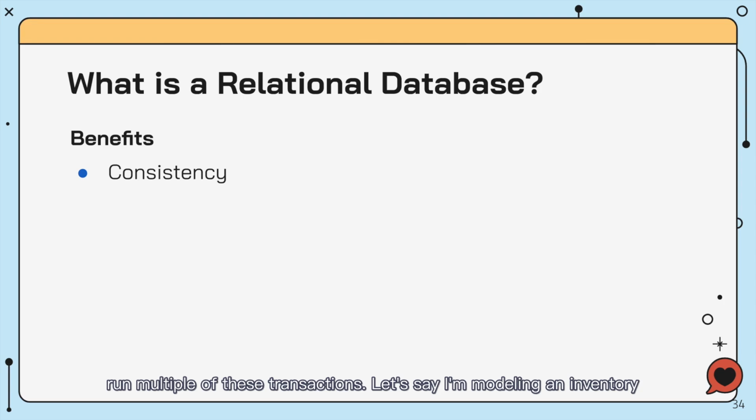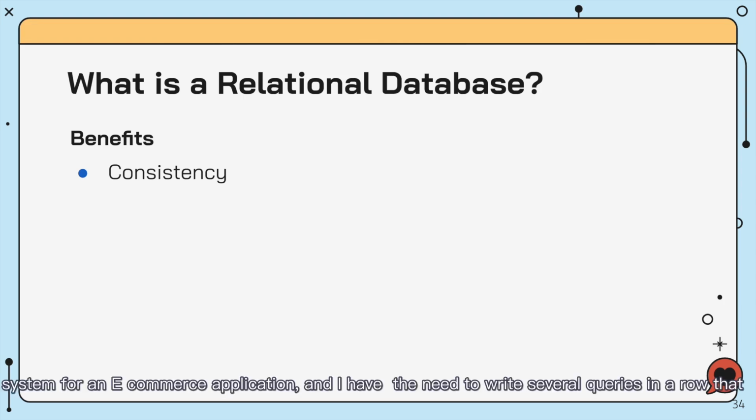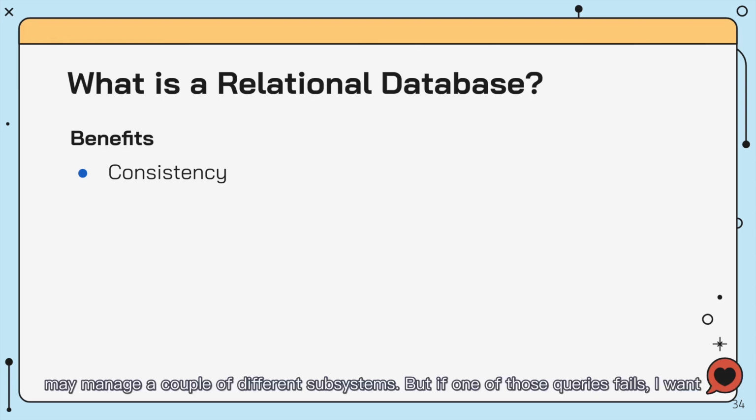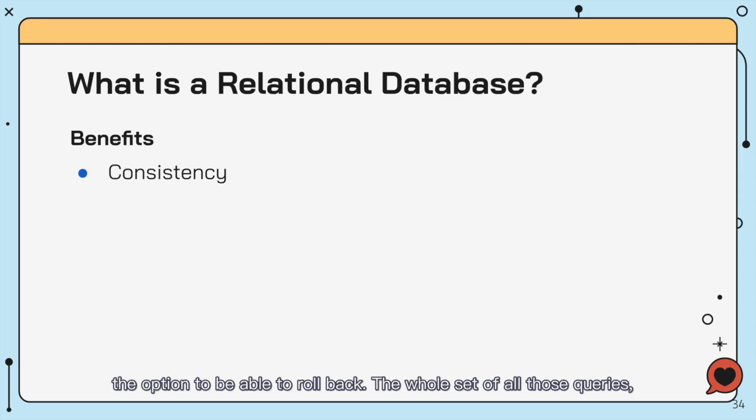Let's say I'm modeling an inventory system for an e-commerce application, and I need to write several queries in a row that may manage a couple of different subsystems. If one of those queries fails, I want the option to roll back the whole set of those queries to make sure that my data always maintains consistency.